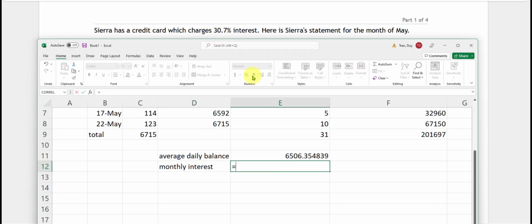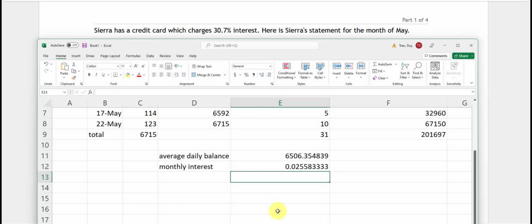So I will take this amount. Converting this to a decimal value is moving 2 decimal places to the left, so 0.307. This is for the entire year, and because we are looking for the monthly interest, we divide this by 12. So this is the interest rate that we have to pay for the month of May.